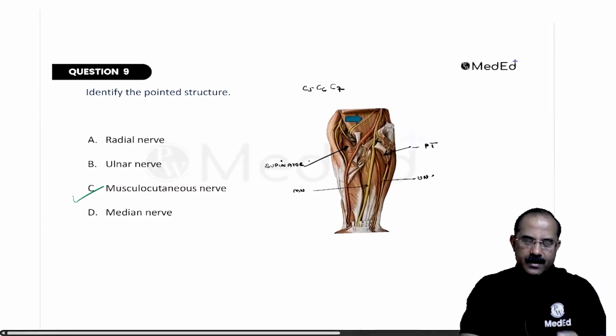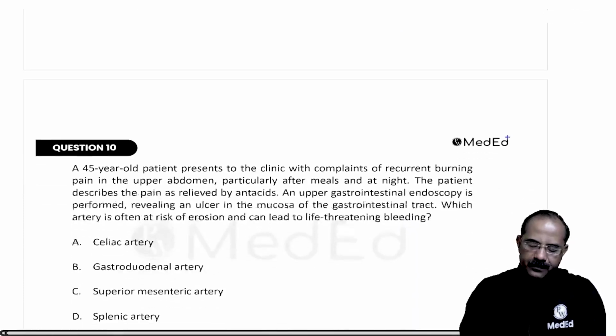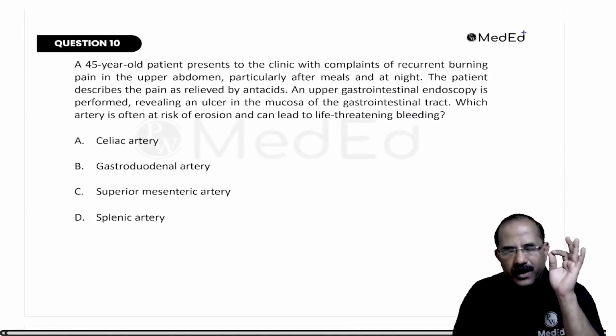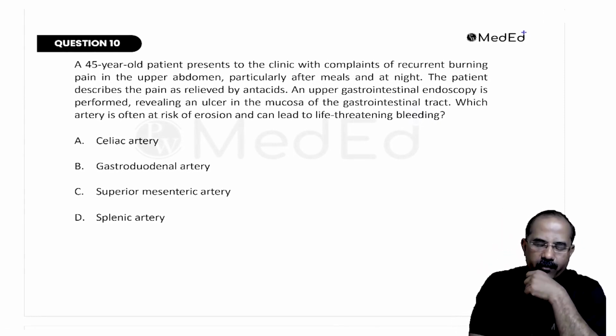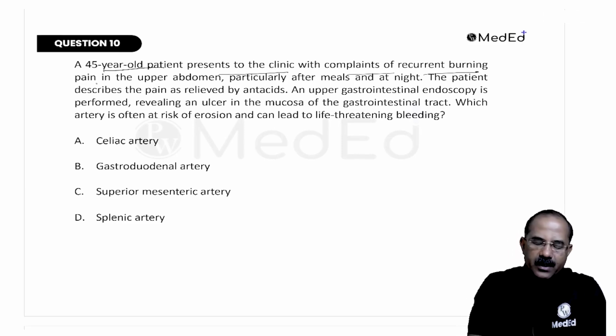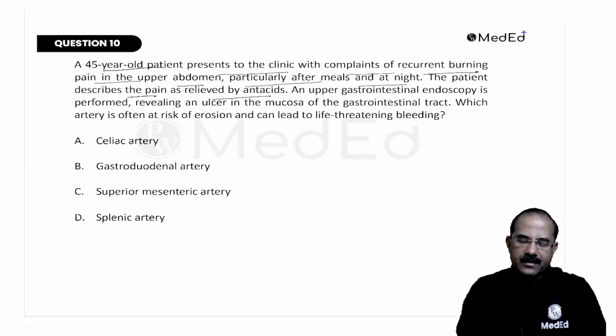Okay. Fine. So we'll go to the next MCQ. Here we go. This is a very important MCQ. A 45 years old patient presents to the clinic with complaints of recurrent burning pain in the upper abdomen, particularly after meals at night. The person describes the pain as relieved by antacids.